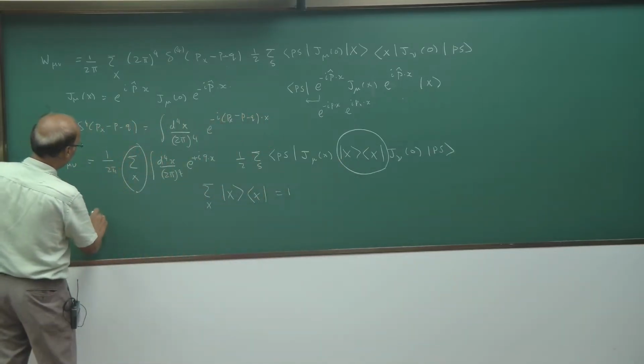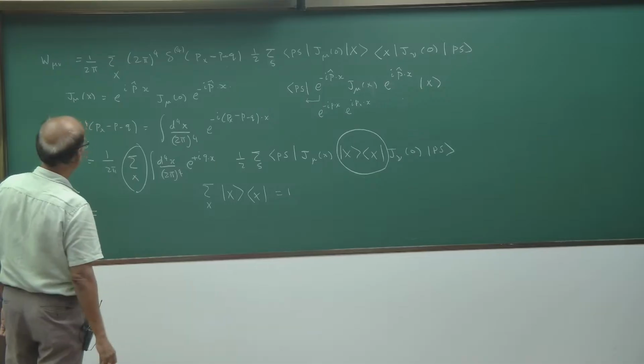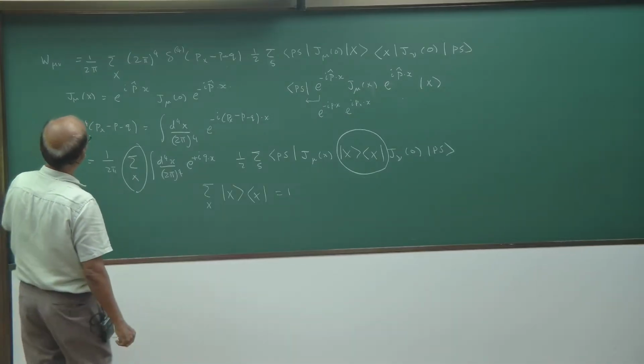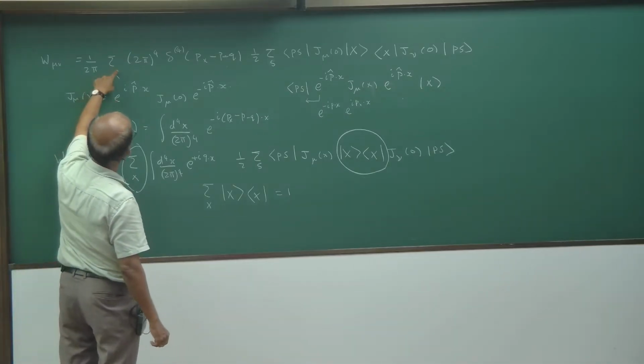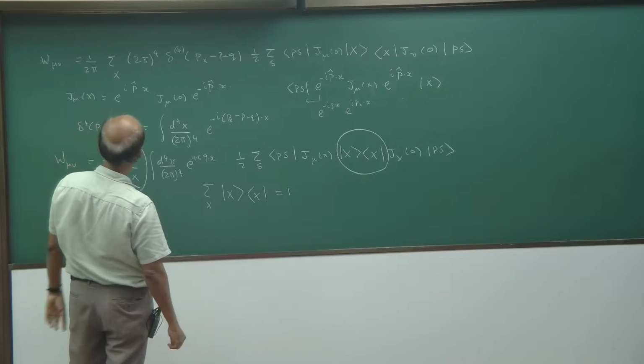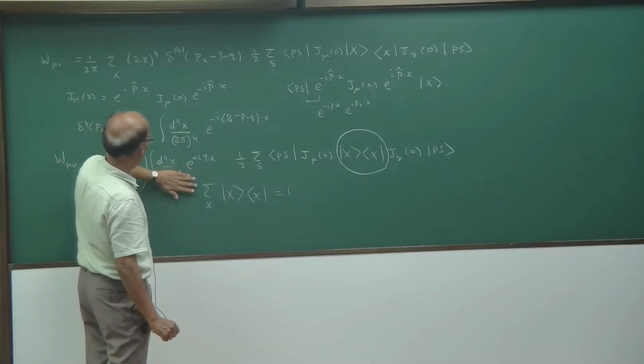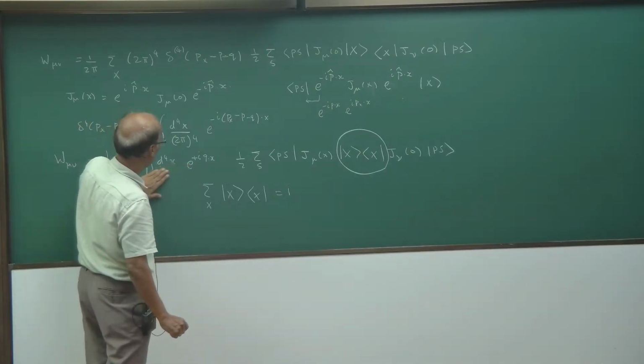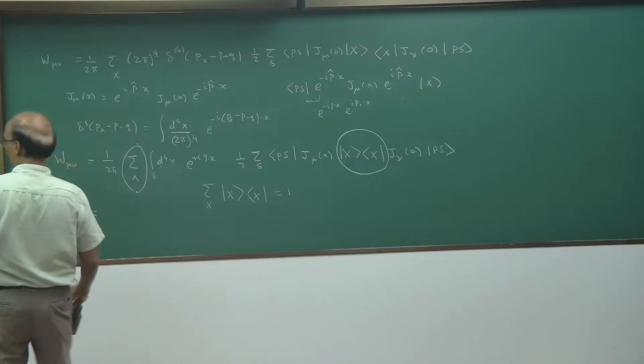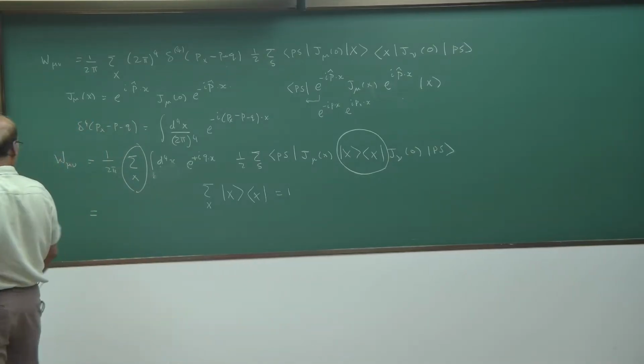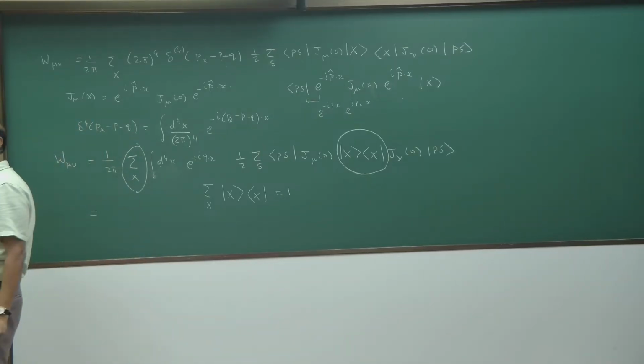Then you end up with an expression, did I take care of this 2 pi to the power 4? Yes. No, this is j mu of x. X is a position actually. How can you perform this identity?